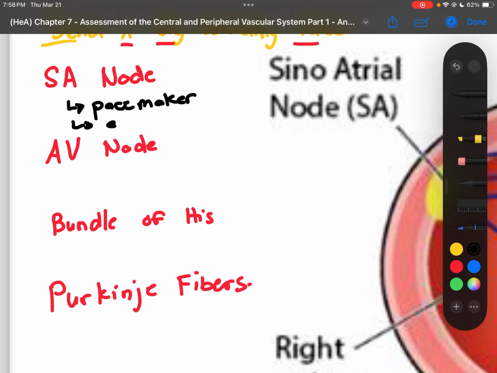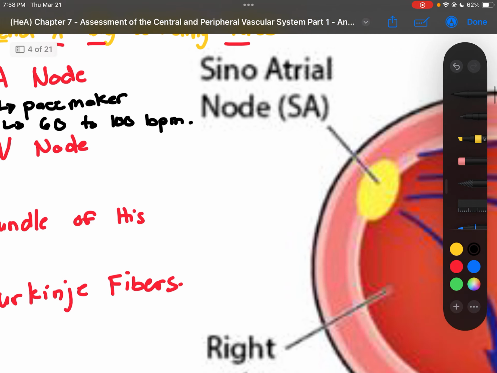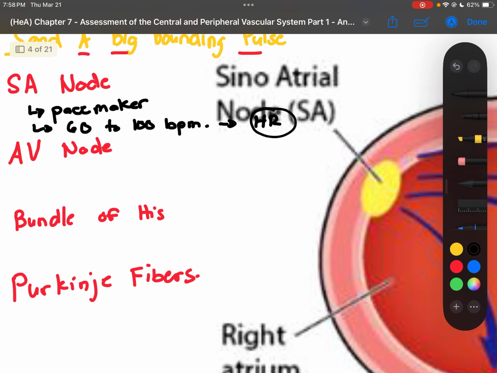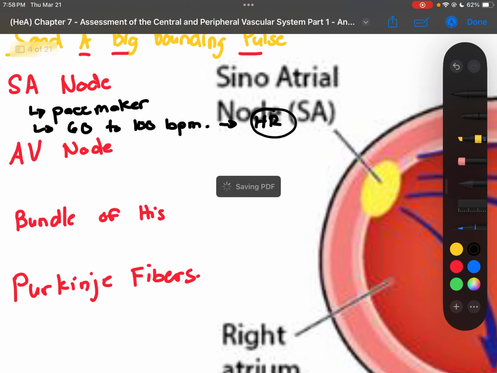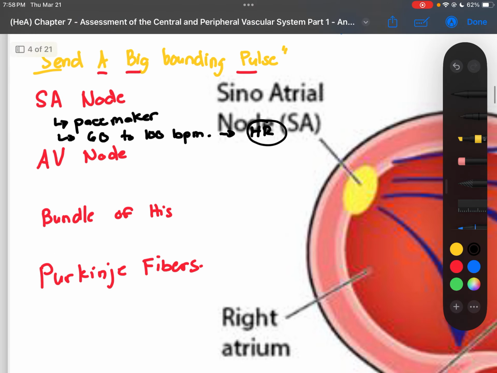Our SA node will generate electrical impulses at a rate of 60 to 100 beats per minute. That is the same as our heart rate. That's why it's called a pacemaker, because it sets the pace for heart rate.